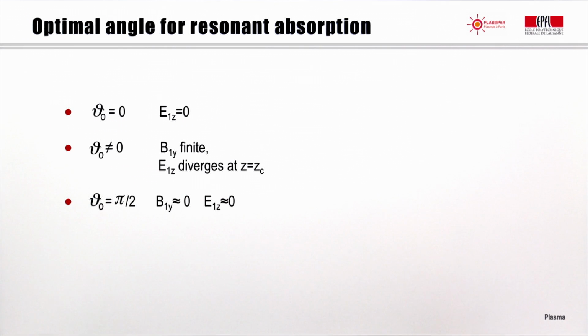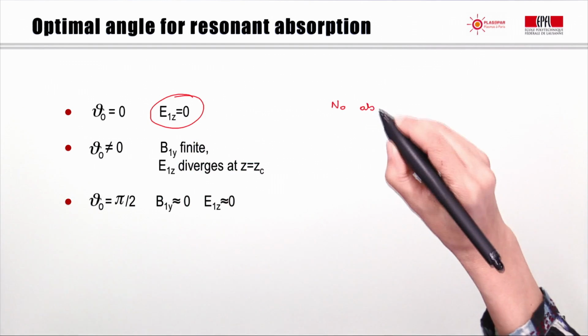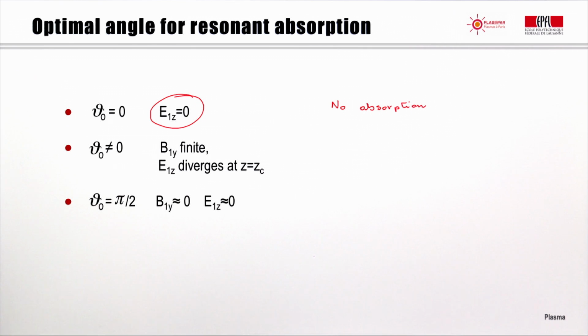Notice that there is an optimal angle for resonant absorption. If the angle of incidence is 0, we can see from the formula written in the previous slide that the Z component of the electric field is 0, and then we cannot excite a plasma wave. This is the same situation of a wave propagating parallel to the density gradient.